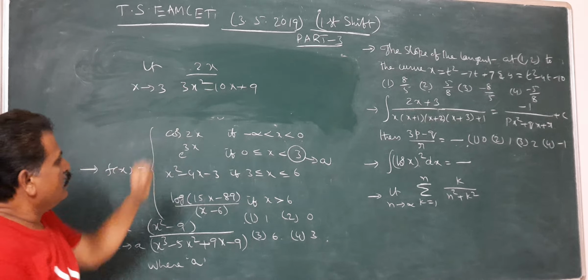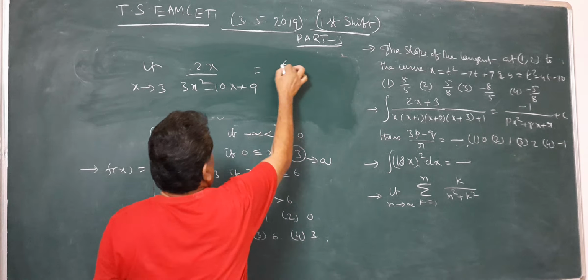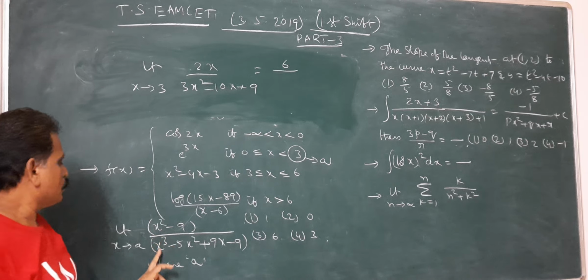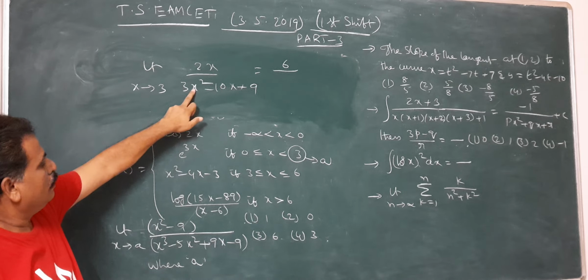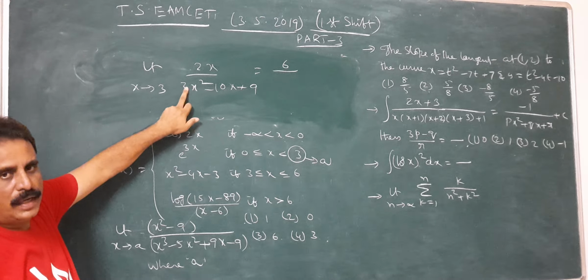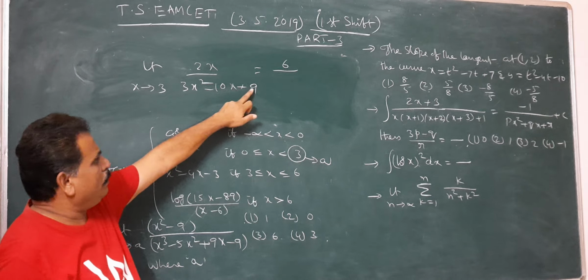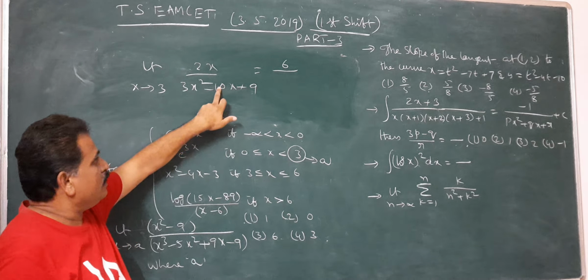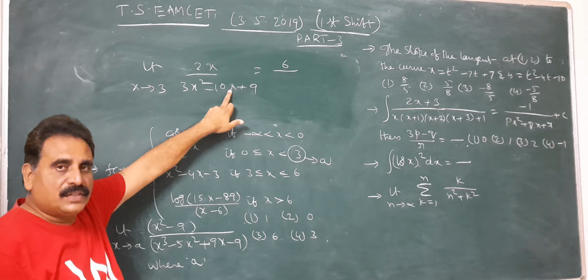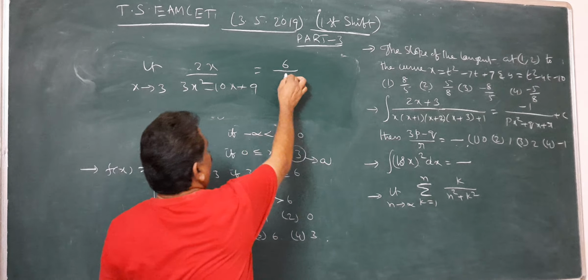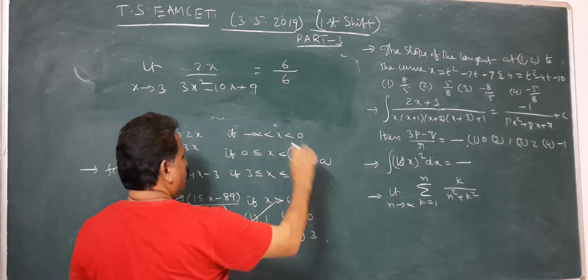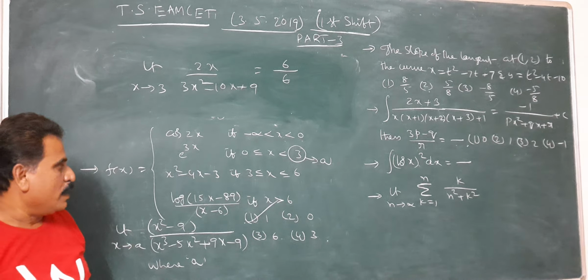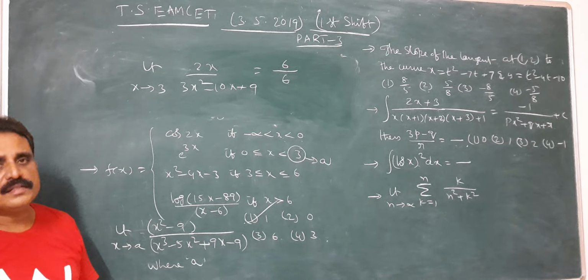That means 6 by 9 into 3, 27, 27 plus 9, that is 36, 36 minus 30, that becomes 6. 6 by 6, that value is 1. First option is the right answer.